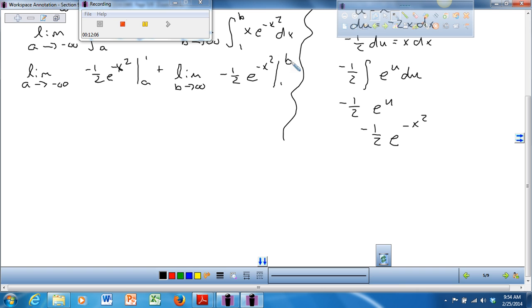I want to know if it's convergent or divergent, and if it is convergent, what is the value? So, if I take the limit as a goes to negative infinity of this value, first I will have negative 1/2 e to the negative 1, correct? Minus, and here's where I need my limit, the limit as a approaches negative infinity of negative 1/2 e to the negative a squared.